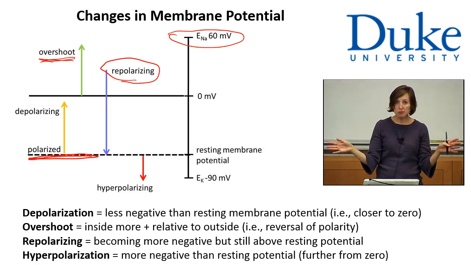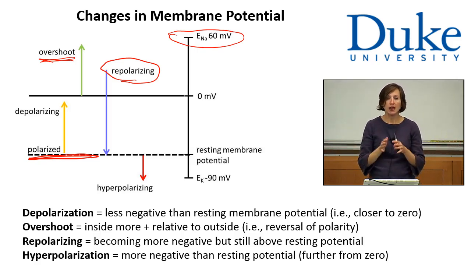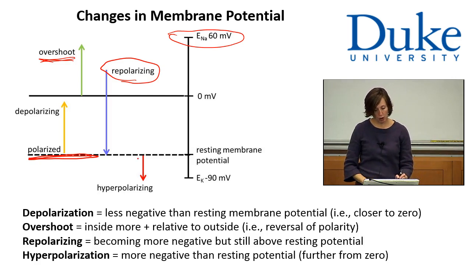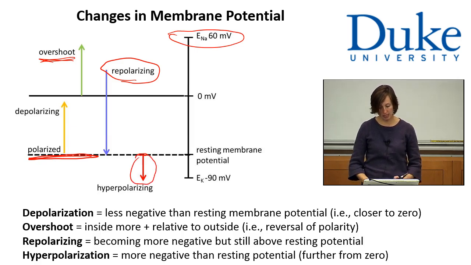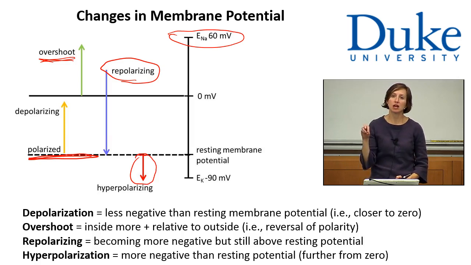If we keep those potassium channels open and then we go more negative than the resting membrane potential and closer to the equilibrium potential for potassium, then the cell is hyperpolarizing. It's becoming even more polarized than it is at rest, even more negative.